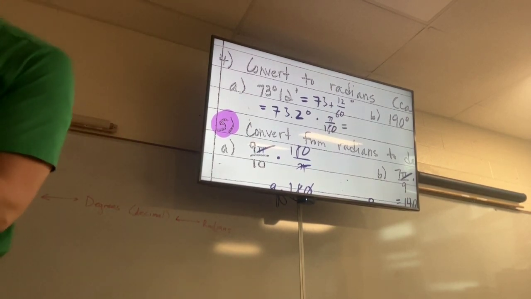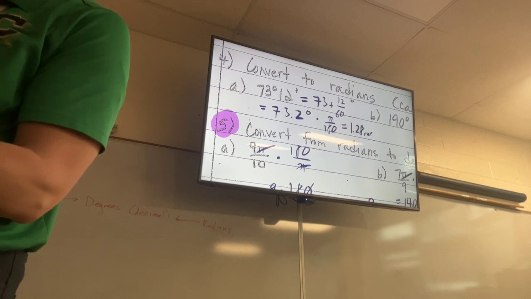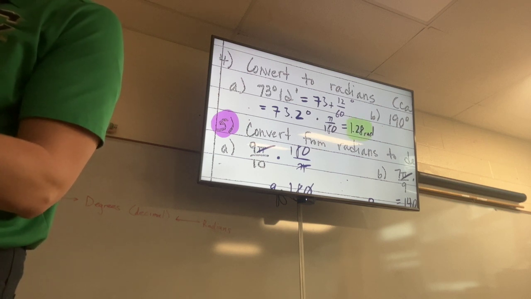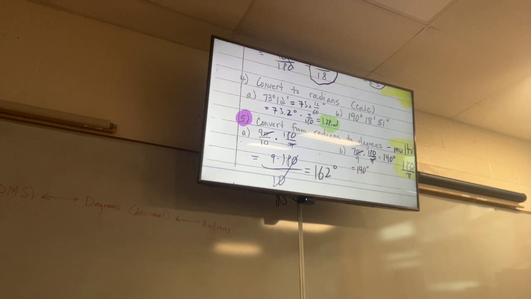That gives us, I got 1.28 radians, rads. All right. We feel okay about that? All right, when you're ready, go ahead and try B on your own then.